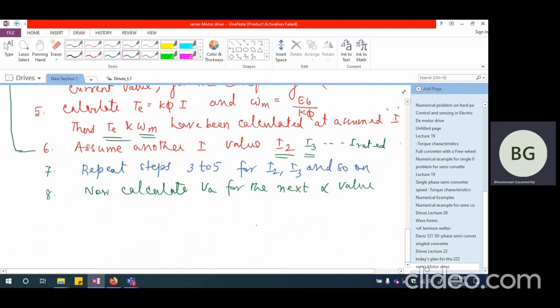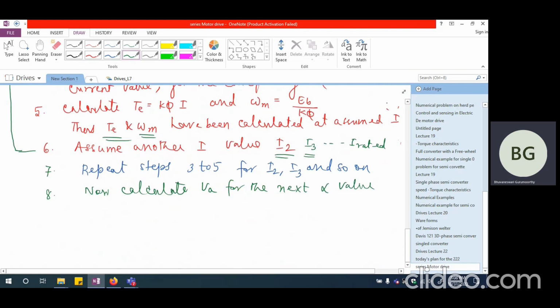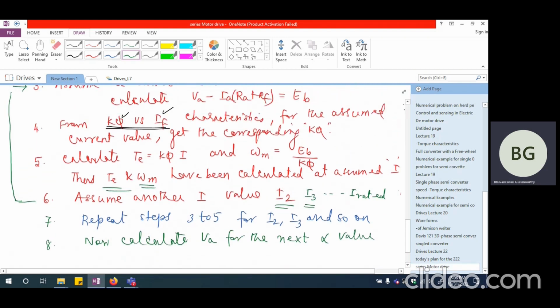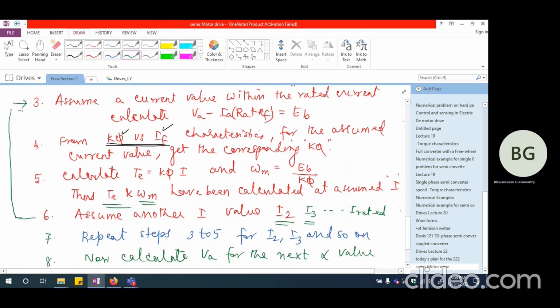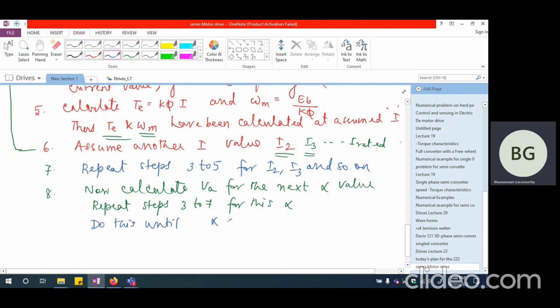So you have to assume another current value and repeat steps 3 to 7 for this alpha. Do this until alpha is less than or equal to 180.